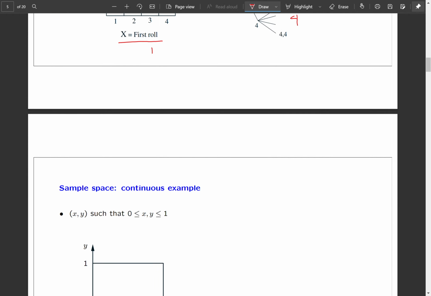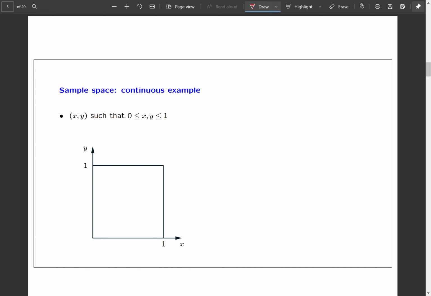Now let's assume that when we throw a dart at this rectangular target, it always lands within the target. It never goes out of the target. So when we throw the dart, once it hits the target, we'll record the x and y coordinates with very high precision, such that x and y are real numbers.